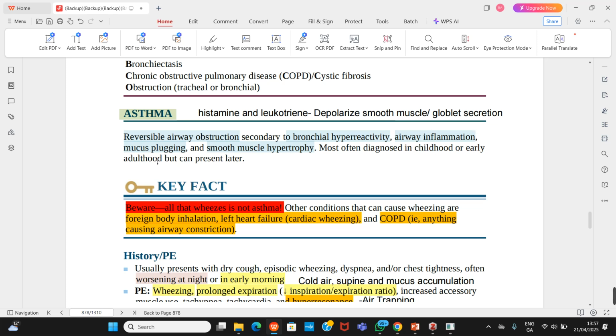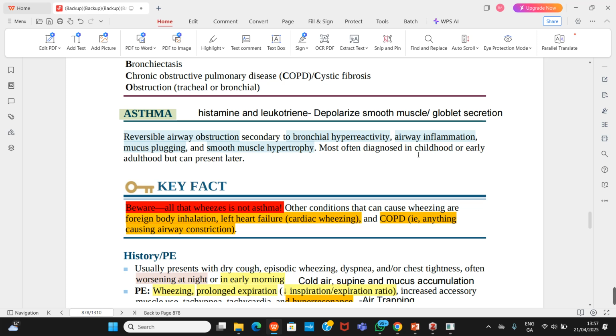They'll start releasing mucus, secreting mucin to try to clear off those inciting agents. And of course, the smooth muscles too are going to undergo hypertrophy in response to the inflammation. So these four things are common in people with asthma: bronchial hyperreactivity, airway inflammation, mucus plugging, and smooth muscle hypertrophy.